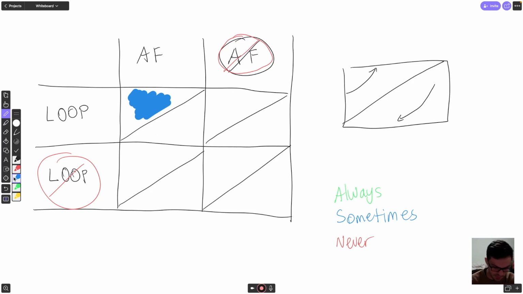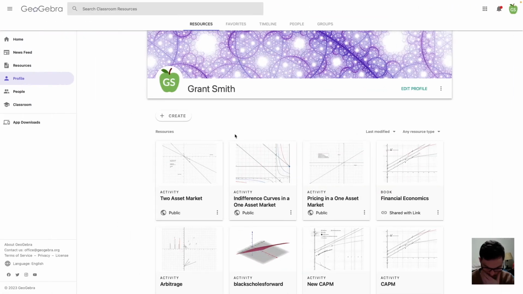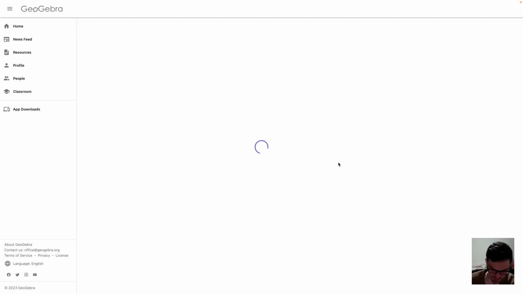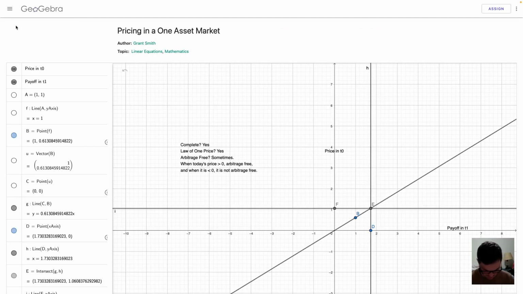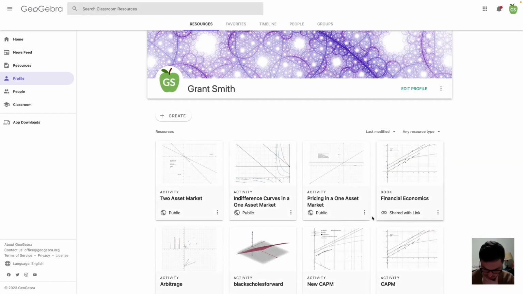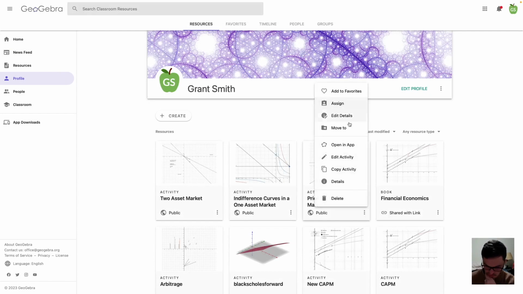Okay, so now we've determined that if our market has the law of one price holding, sometimes it's arbitrage free. What does that also tell us? That means it's also sometimes not arbitrage free, right? It's sort of the same question, but on its head, right? So if we are pricing in a one asset market, oh, I did it again, didn't I? I need to hit these ellipses.